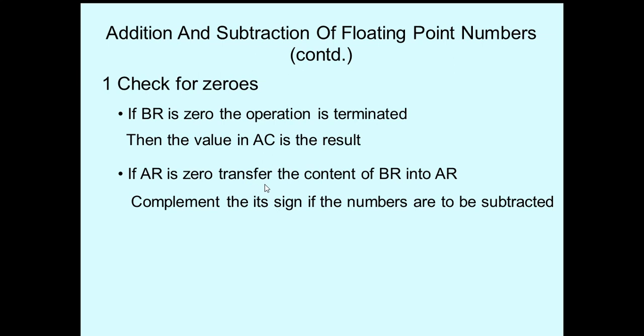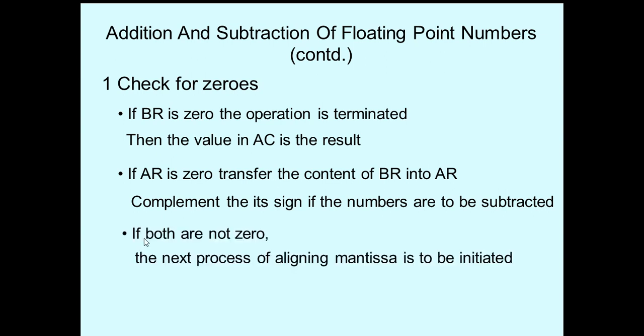Because after the addition or subtraction operation, the final result should be in the first register. So if the AR is 0, the content of the BR is transferred into the AR register, and its sign is complemented if the numbers are to be subtracted.